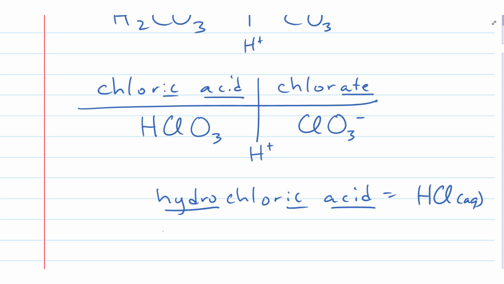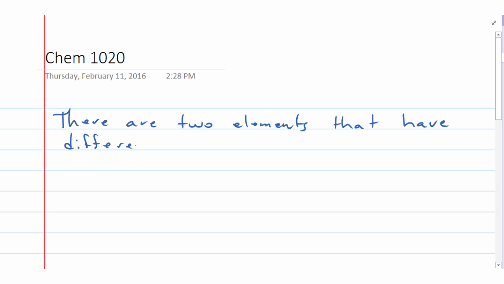Which then takes us down to our last 2 examples here that we're going to look at. And it turns out that there are 2 elements that have different root names in anions and acids.